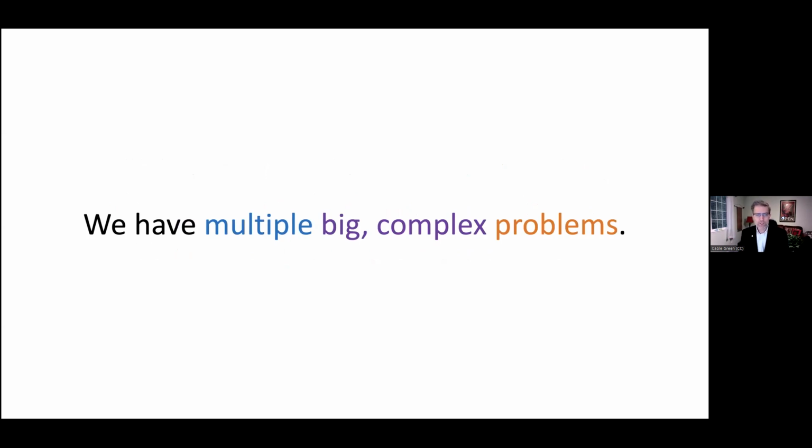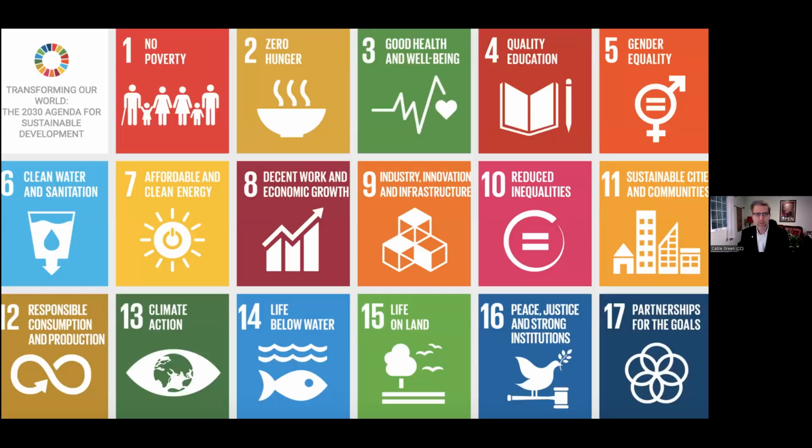As we showed at the beginning, we've got multiple big complex problems. And here they are again, right? These are huge. How are we going to develop sustainable communities? How are we going to have peace and justice and strong institutions in our countries?